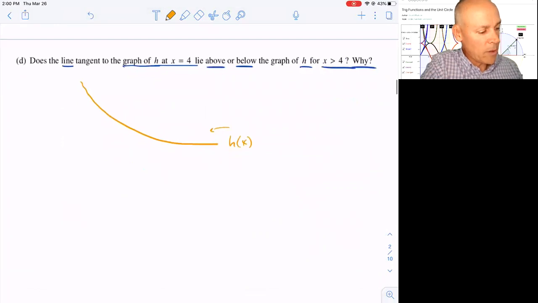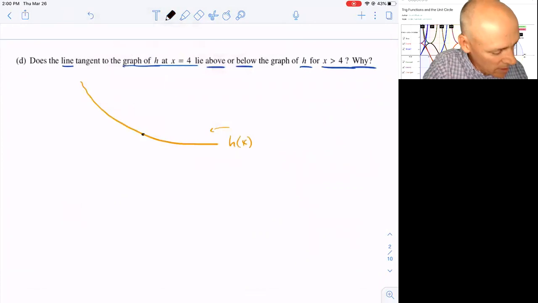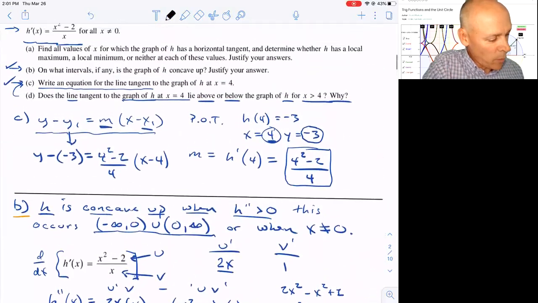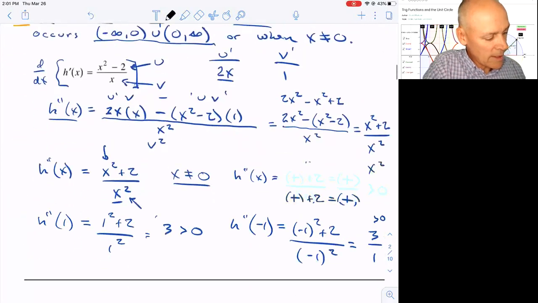Now, what I'm going to do is add the tangent line. I'm going to say this point right here on my function is my point of tangency, which is 4, -3. Okay, that was my point of tangency.